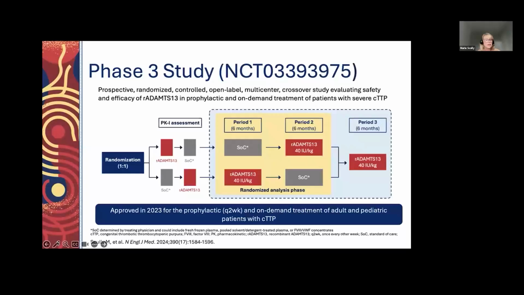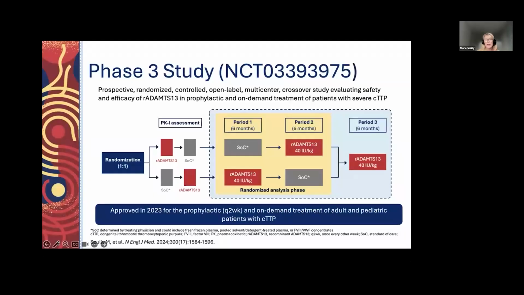The phase 3 study has been completed, and this was a crossover study with standard of care, and in the final 6 months patients received recombinant ADAMTS13. And the approval in 2023 by the FDA and subsequently by EMA has been for adult and paediatric patients with congenital TTP.